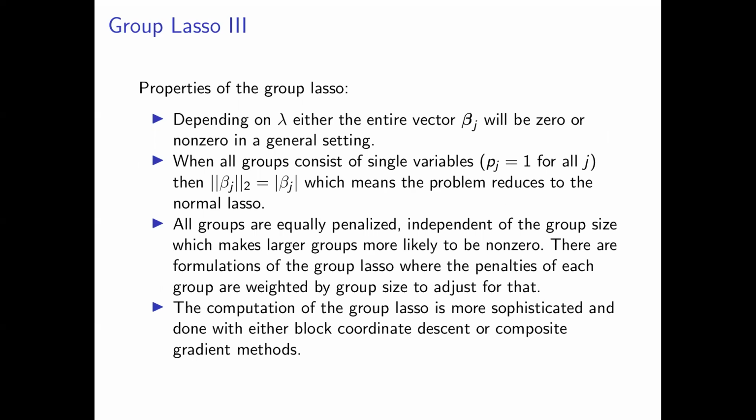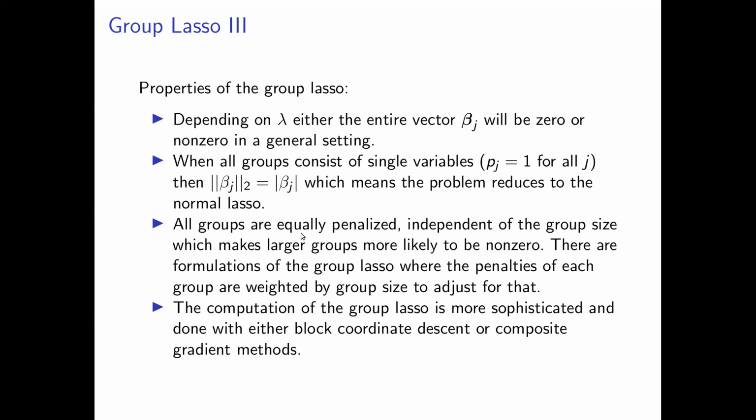So depending on our lambda, either the entire vector beta j will be 0 or non-zero in a general setting. And if all of our groups consist of single variables anyway, then this whole metric will be anyways the absolute values of the beta j. And this means that the whole problem reduces to the normal lasso problem.